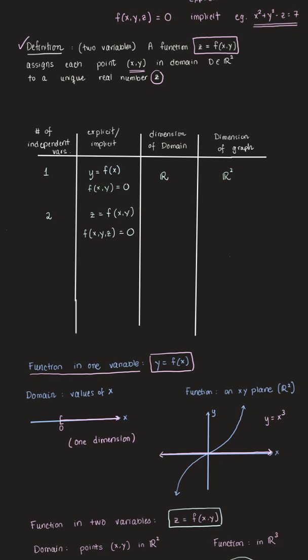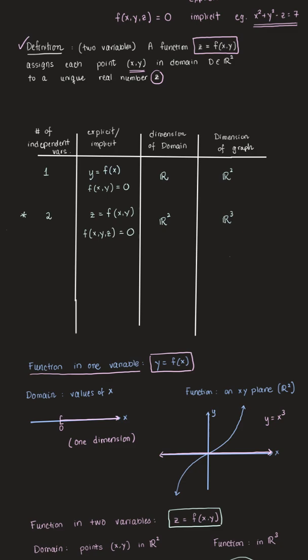It's not explicitly solved for z. The domain is on the xy plane in R2, and the dimension of the graph is in R3. Because now for every point at the xy plane, we have a z that gives us the height of the surface. So this is where we will live mostly in multivariable calculus.